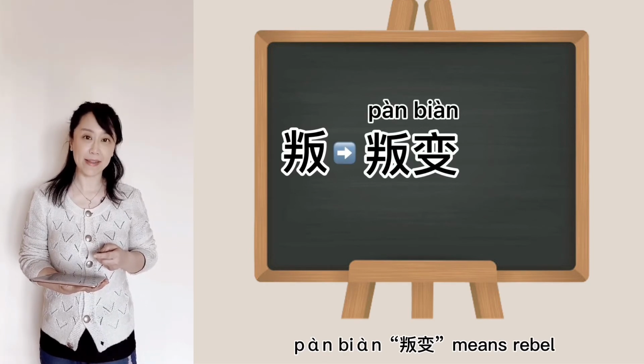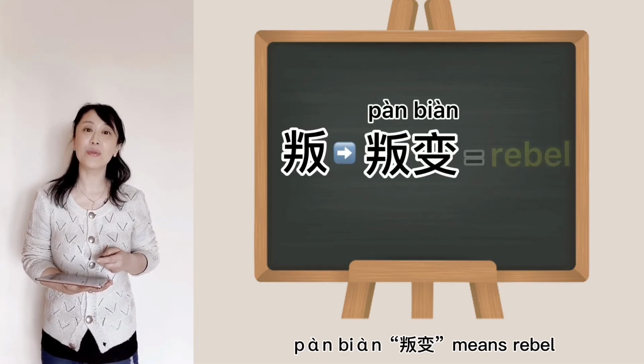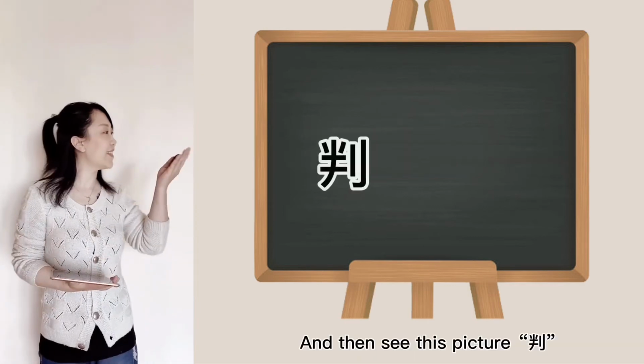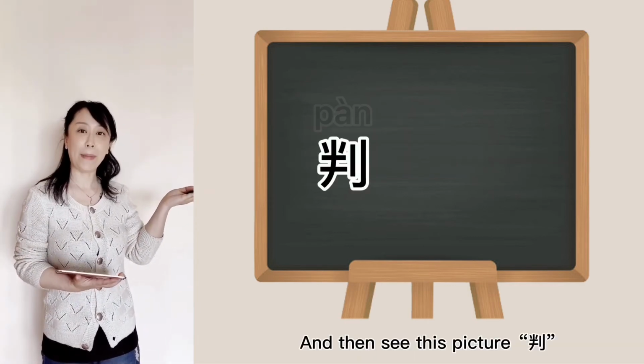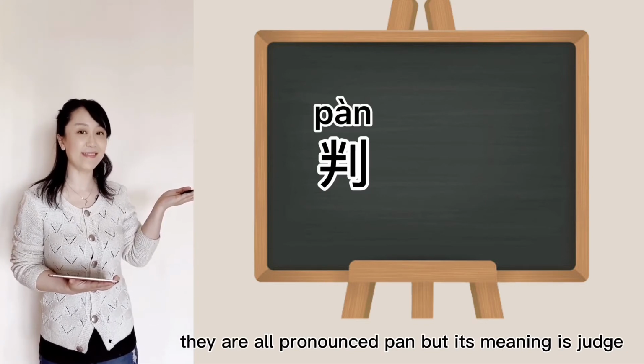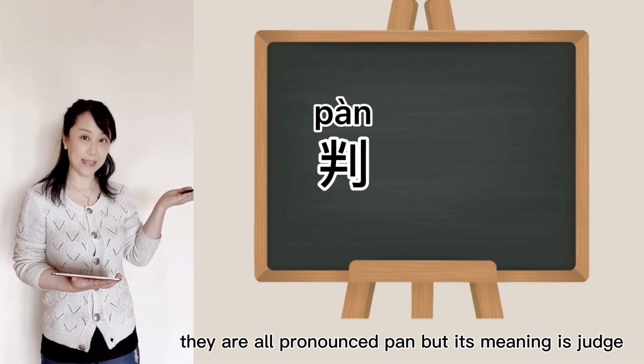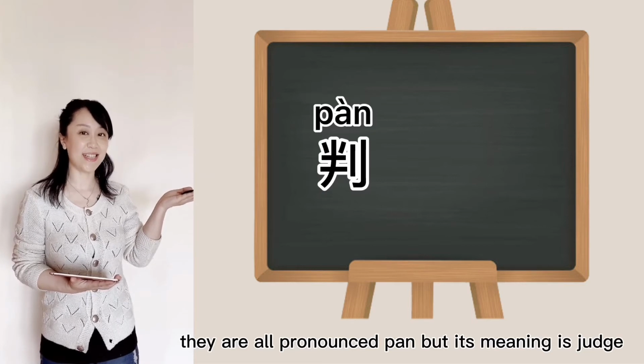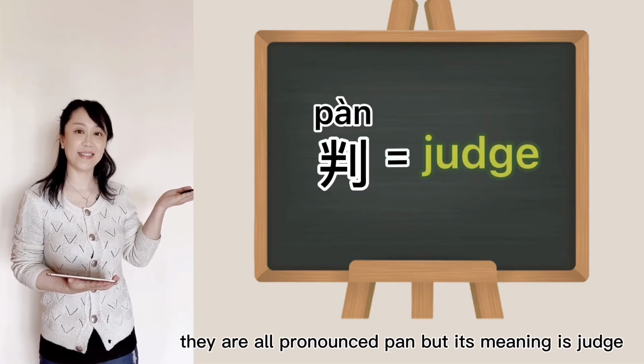Pan bian means rebel. And then see this picture. This is also pronounced pan, but its meaning is judge.